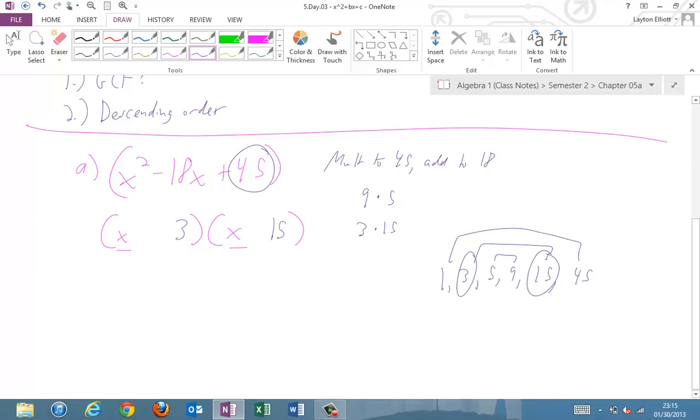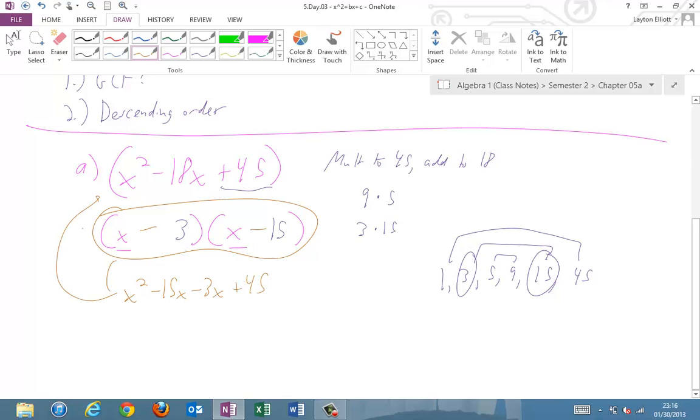They could either be both positive or both negative because we're trying to make them multiply to positive 45. But they have to add to negative 18, so that tells us that they're going to be minus, minus. Finally, we're going to check by FOILing because this should be our answer. But if we check, I get x squared minus 15x minus 3x and then plus 45. And that matches.